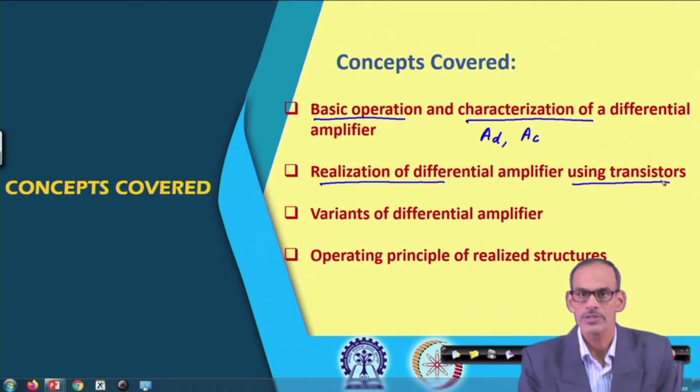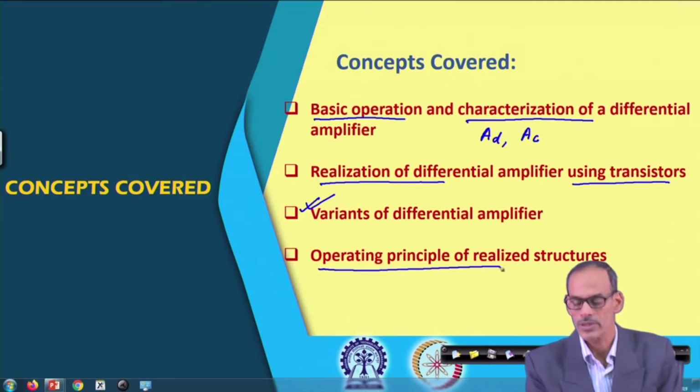The transistor may be BJT or MOSFET. We will start with the very basic structure, and then we may discuss different variants of the differential amplifier, particularly the core differential amplifier, and then talk about the operating principle of a realized structure. We may consider two structures, one using BJT and another using MOSFET.